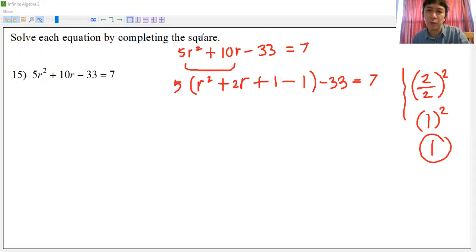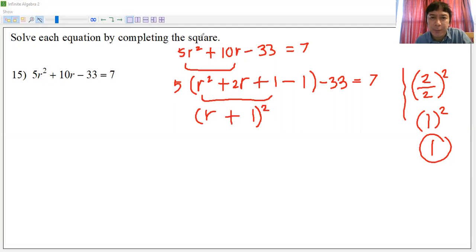In that way, we added 0 only. So we're now ready to transform this trinomial to a perfect square. This will now be equivalent to r and 1, and the sign is plus. We don't have to discuss that. We already discussed that from numbers 1 to 8.